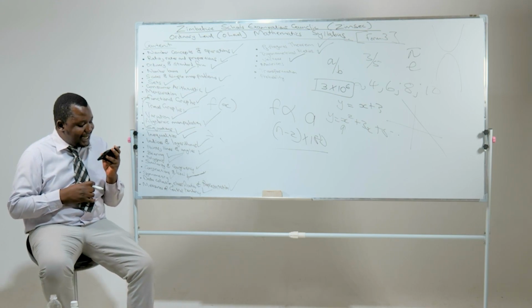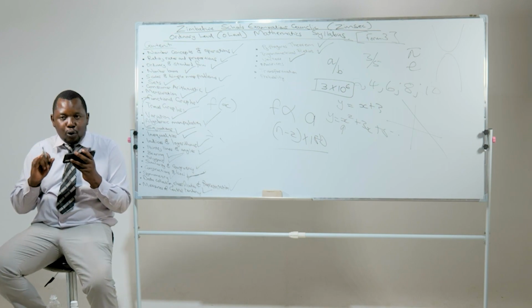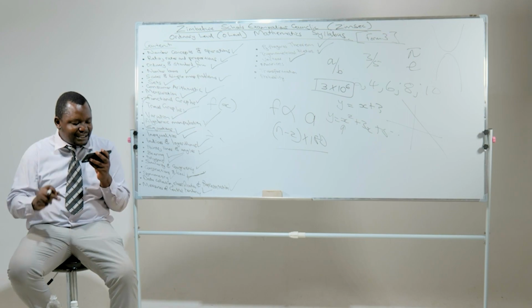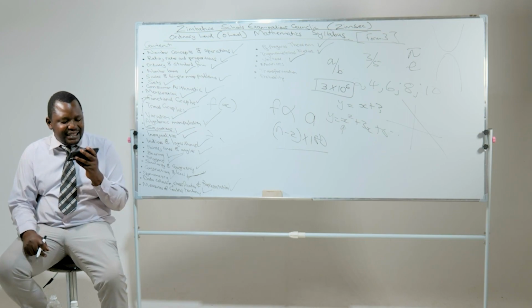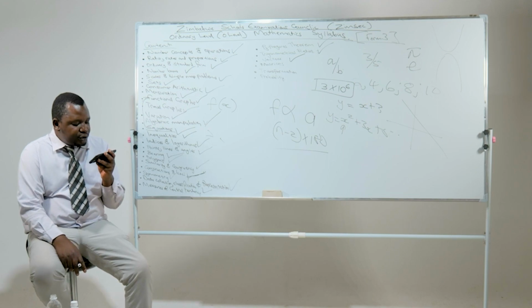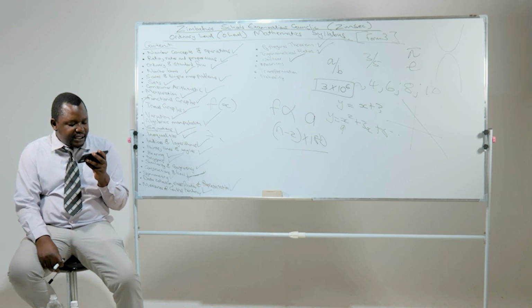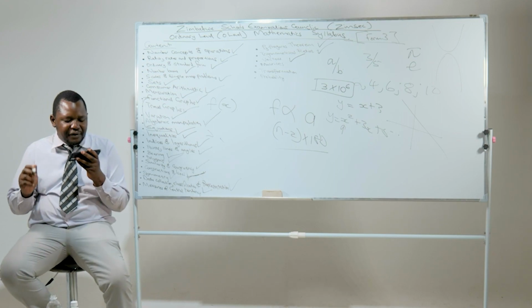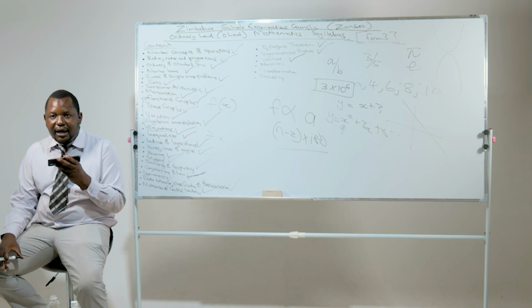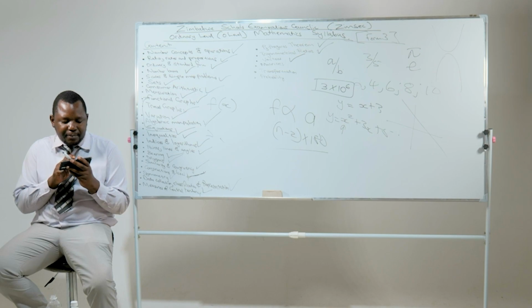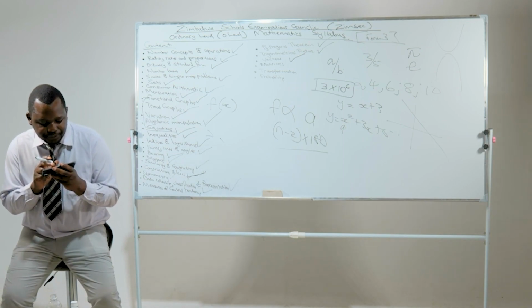We also need to understand the determinant of a 2 by 2 matrix, to distinguish between a singular and a non-singular matrix, to use the fact that the determinant of a singular matrix is 0, right? To find the unknown in a 2 by 2 matrix, to solve problems involving singular and non-singular matrices. We also need to know how to find the inverse of a 2 by 2 matrix, and also to solve simultaneous equations using the matrices method.